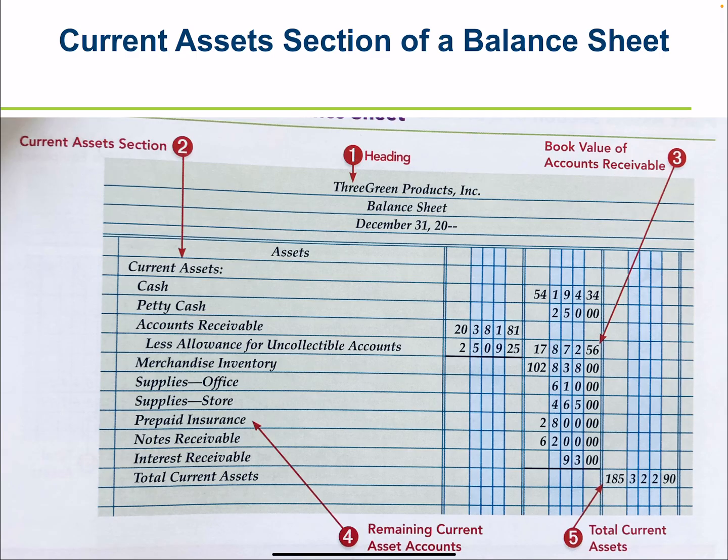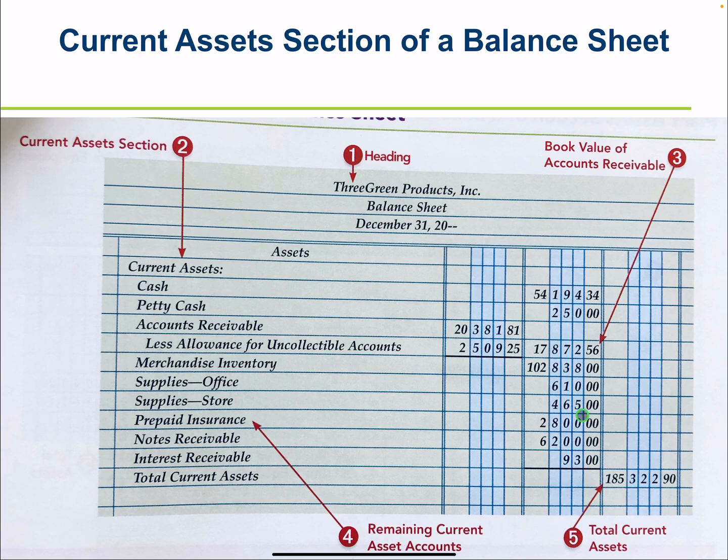On the balance sheet, the first section is our current assets. Remember, current assets are assets that we could turn into cash pretty quick. So we have our list of assets. In the second column, we're going to have their balances.